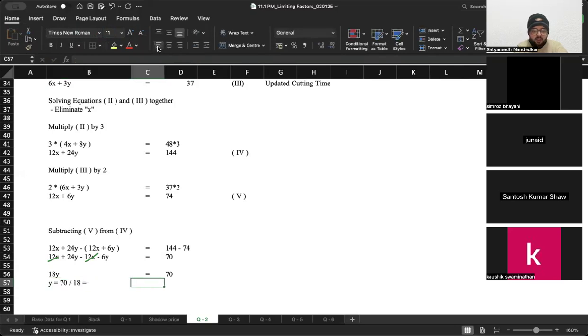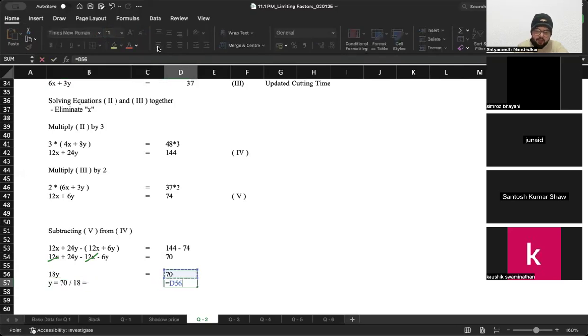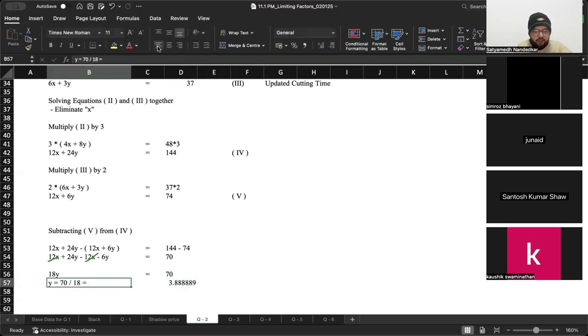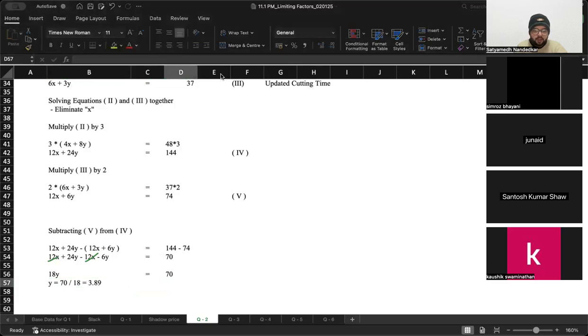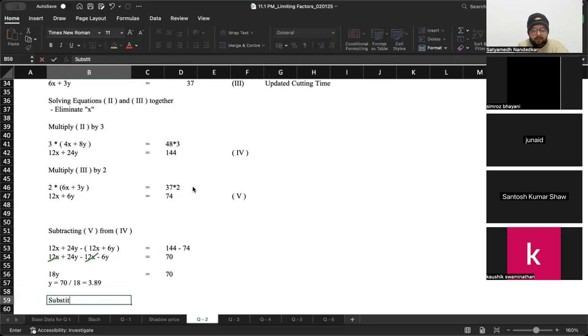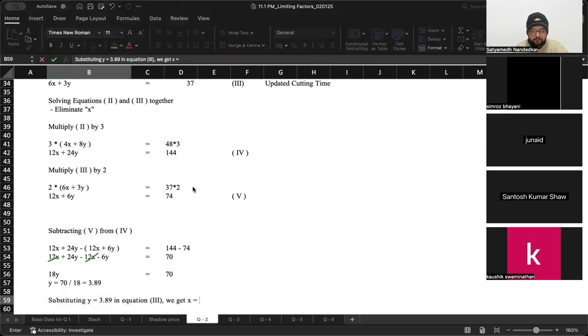18y equal to 70. So y equal to 70 by 18, how much will it be? 70 upon 18, 3.89. This will be the value of y. And substituting y equal to 3.89 in, say, equation number 3, for example, or 4, anything, wherever you want to substitute, we get x equal to how much? x will be equal to 4.22.